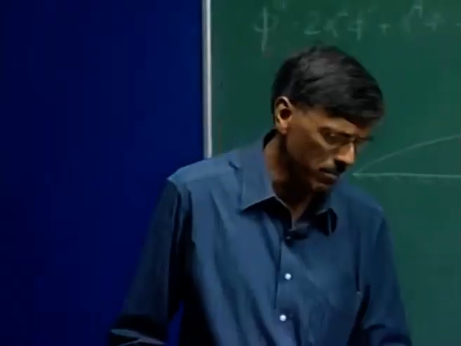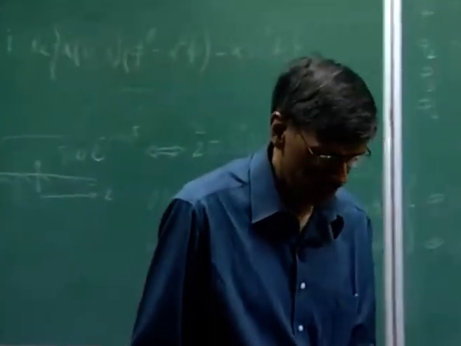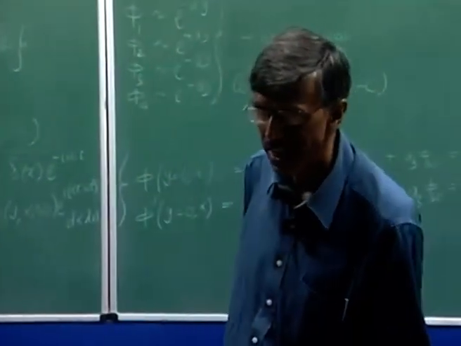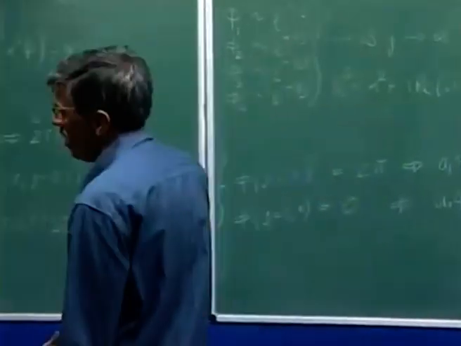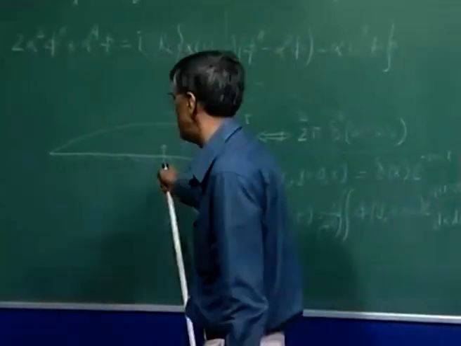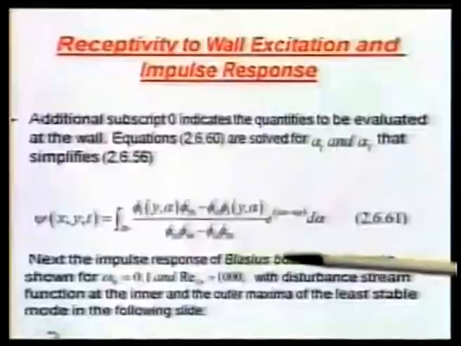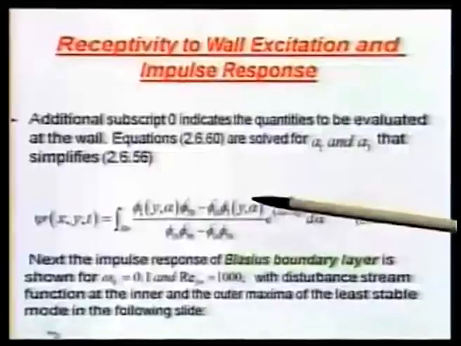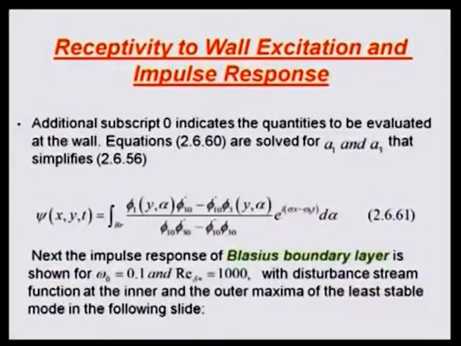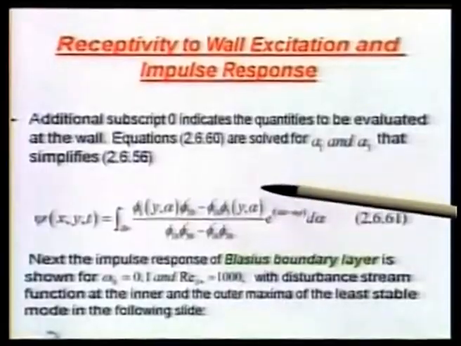That is why I am saying that the wall-normal component of velocity and the stream function have the same structure, and since we are putting in some kind of a mass source, it is better that we work on psi. That is what we have done, and we solve for A1 and A3 and plug back the whole thing, and this is what you get.